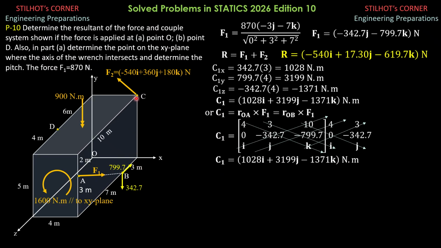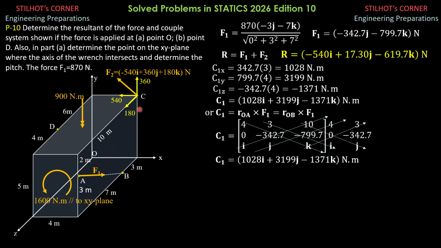For C sub 2, it's already given F2. So by scalar approach, I'll put the components here at C. There's no other point of application of F2 except at C. So these are the components. So moment about OX would be positive sense in that direction, which is the same as that of 180.